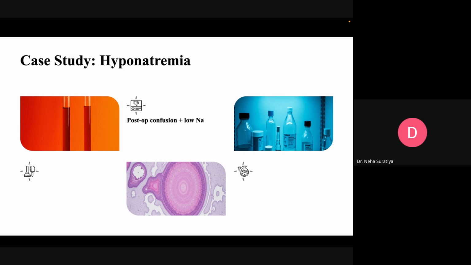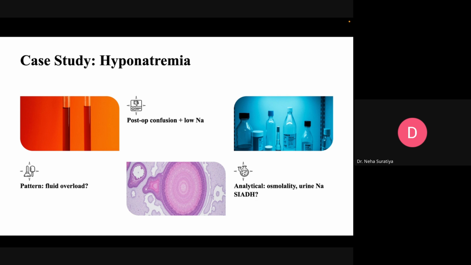What will pattern recognition tell? You immediately think of a common pattern, that post operation plus confusion and low sodium is very obviously because of fluid overload, right? That is a quick intuition.